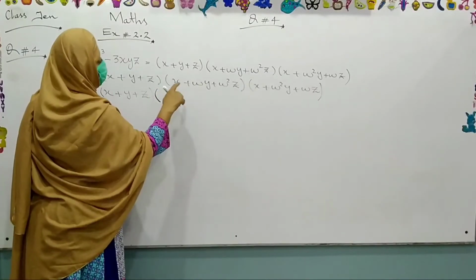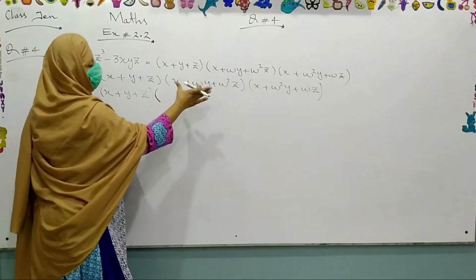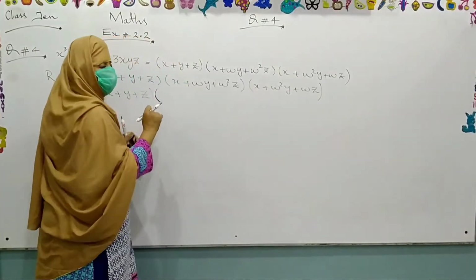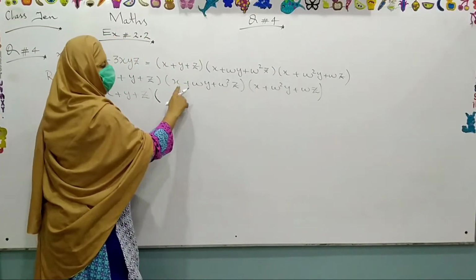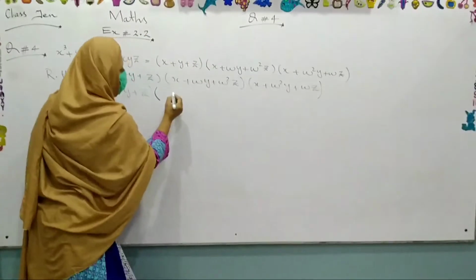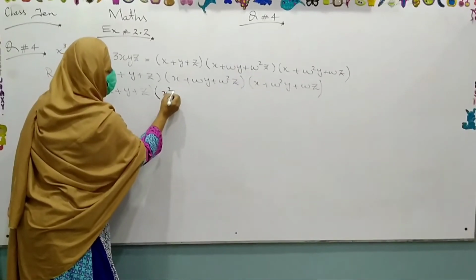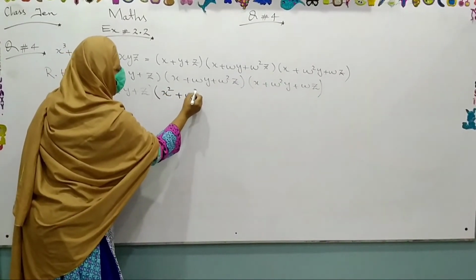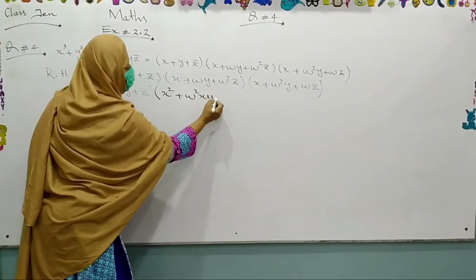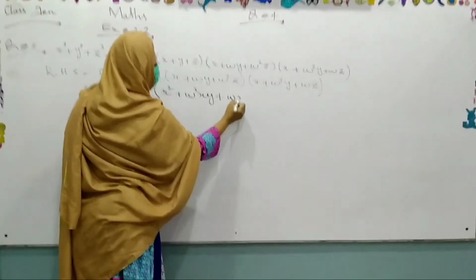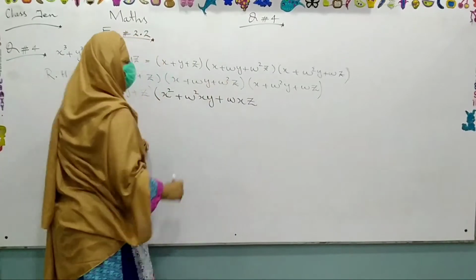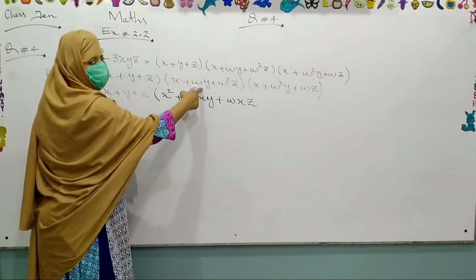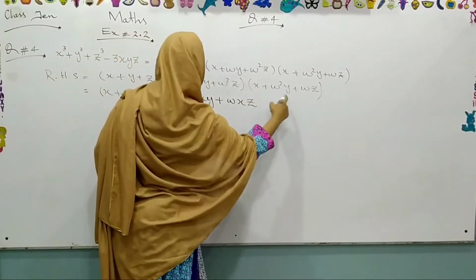Now I will multiply these two factors. First of all, I will take this x and multiply it to the whole of this factor. What will it be? x square plus omega square xy plus omega xz. Now take this second value and multiply it to the whole factor.